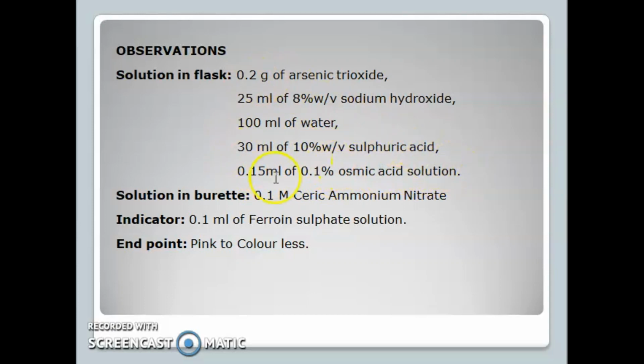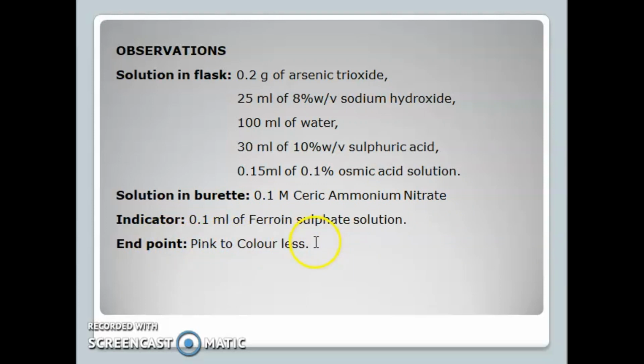This all content you have to titrate, that is, the solution in the burette is 0.1 molar ferric ammonium nitrate. Then you have to add 0.1 ml of ferroin sulfate solution as an indicator, and the end point of the titration is pink to colorless.